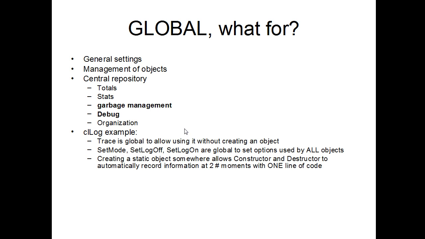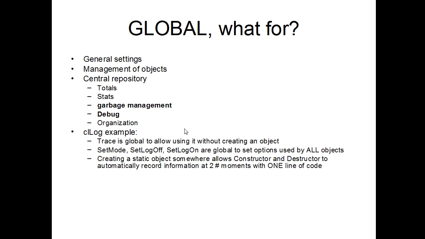That's extremely powerful stuff. What you do, you put one line of code saying, okay, my trace is CL trace, and eventually you type something in that, and that's it. When the window is open, there's a trace written in your log file, and when the window is closed, automatically there is a trace in your log file also.